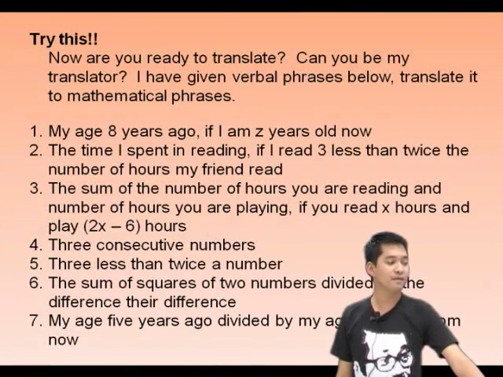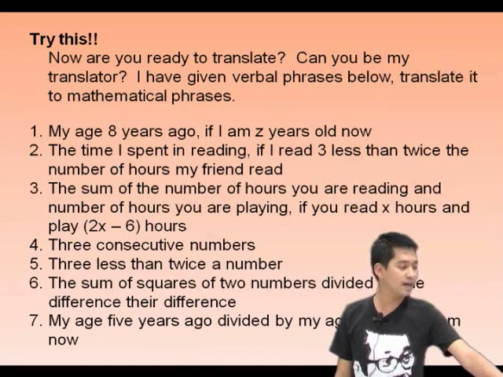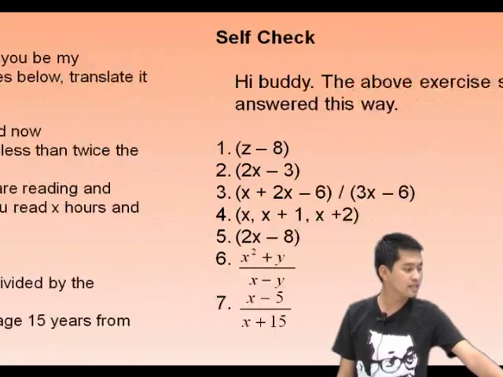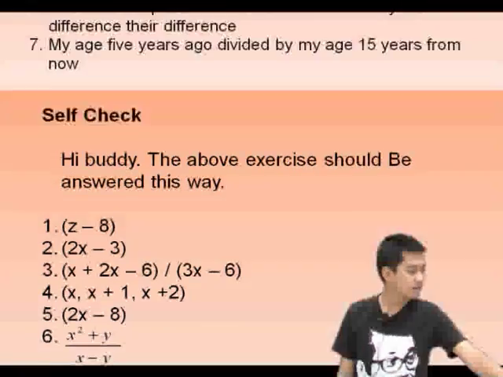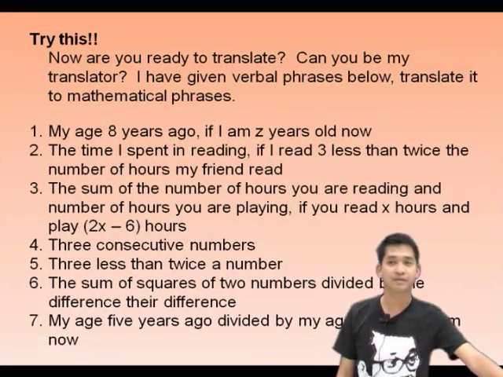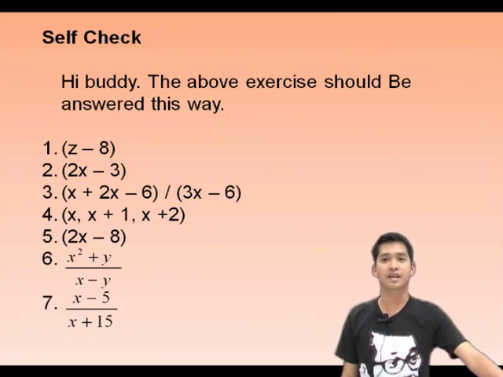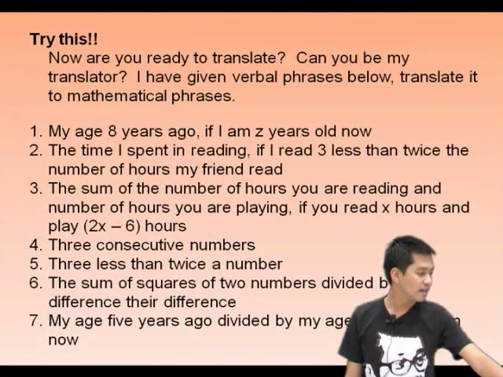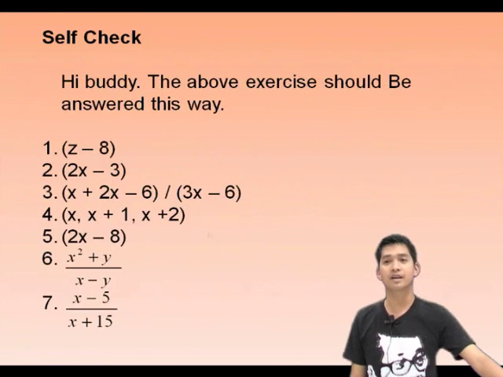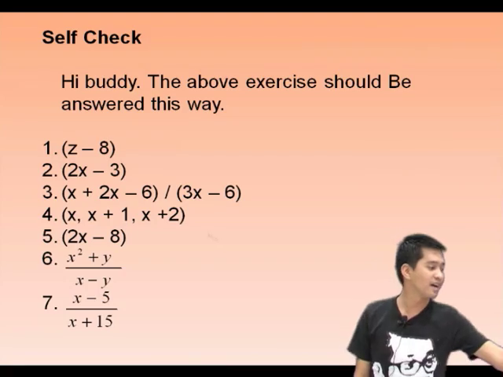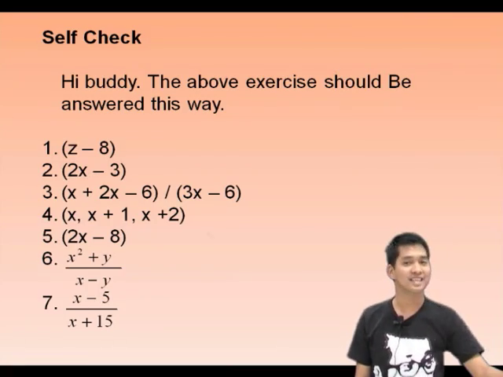Then, the sum of the number of hours you are reading and the number of hours you are playing, if you read x hours and play 6 hours is... And then 3 consecutive numbers is x, x plus 1, and x plus 2. And then 3 less than twice a number is 2x minus 3.